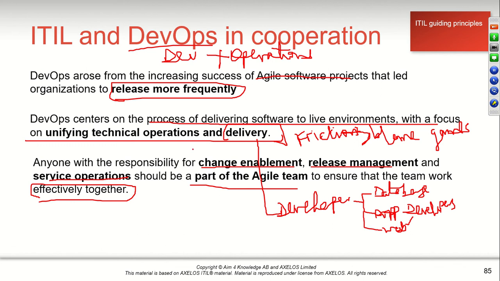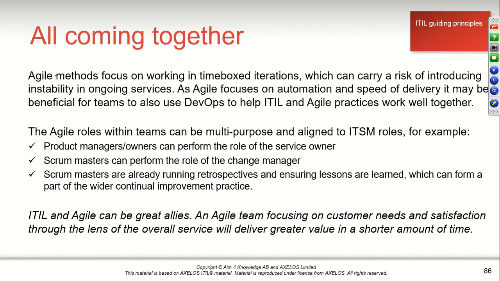So unifying both of them with the aim of delivering software to live without any friction, blame game, and issues that arise when the two of them were separate is what they call DevOps.